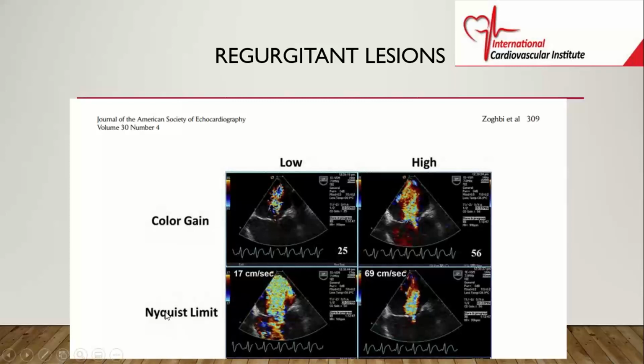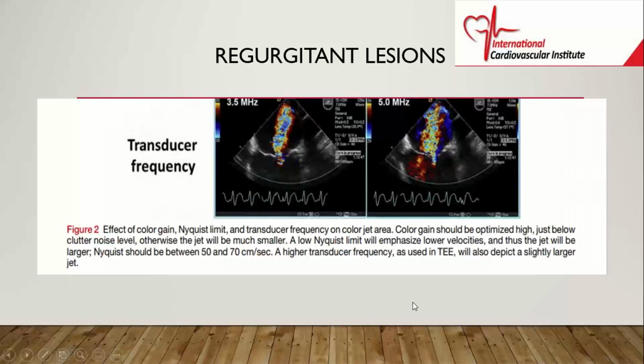The Nyquist limit, this is the aliasing velocity. Remember you adjust it on the color scale right there. If it's small, it makes the jet large. And so 50 to 70, you get a nice jet, not too big.